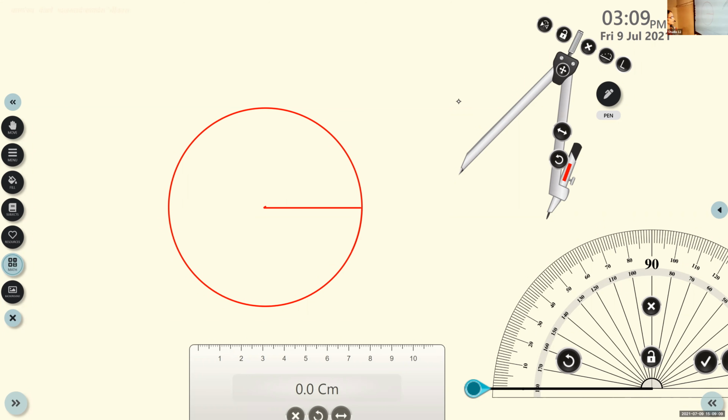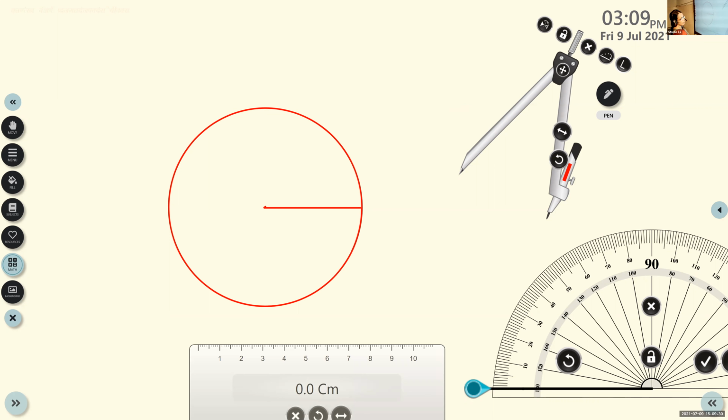Okay. So we have drawn a circle of any radius and drawn one radius. Now, what is the first degree measure for ordinary bread? First degree measure is 160.